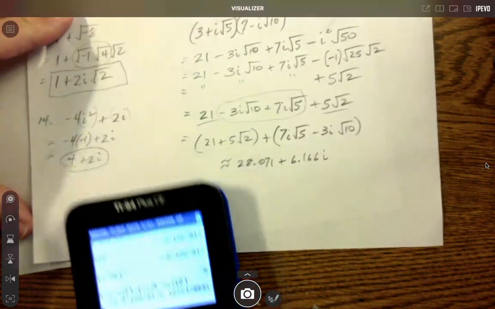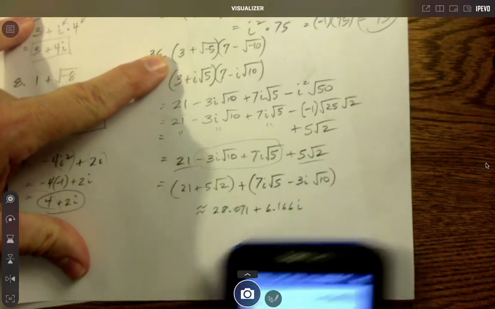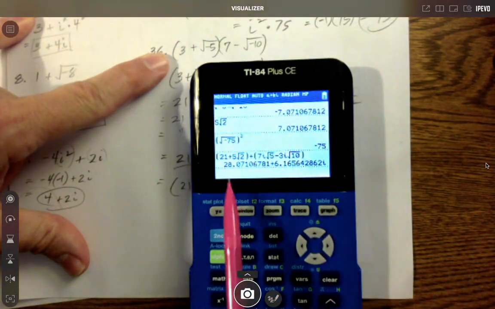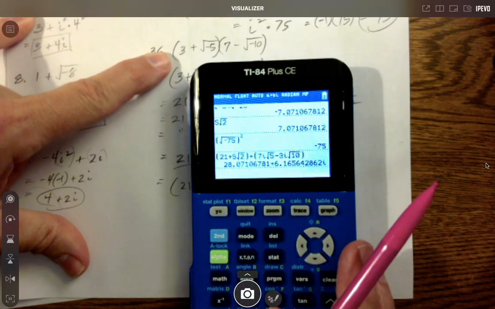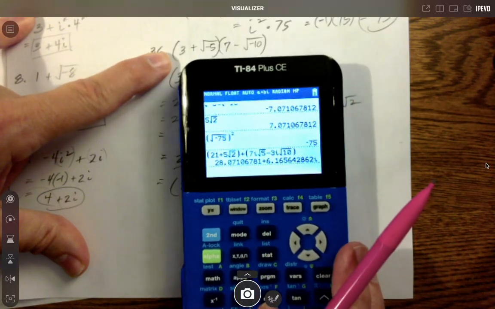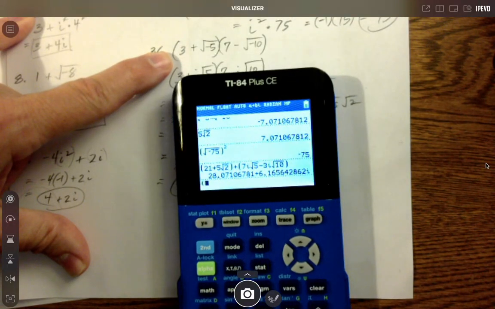All right, now let's see if that's what I get if I put the original in there. So I should get that same very nasty looking number when I put in the original. If I don't, then I made a mistake. So let's see. I need to start with parentheses.